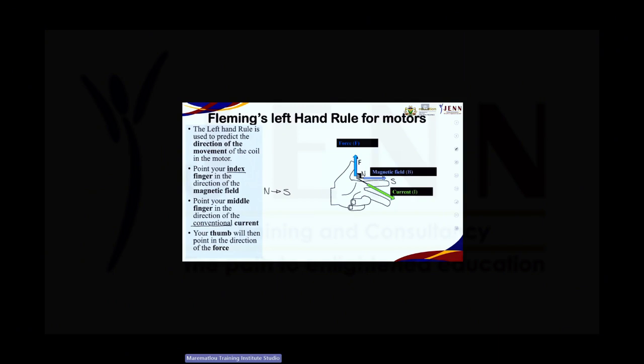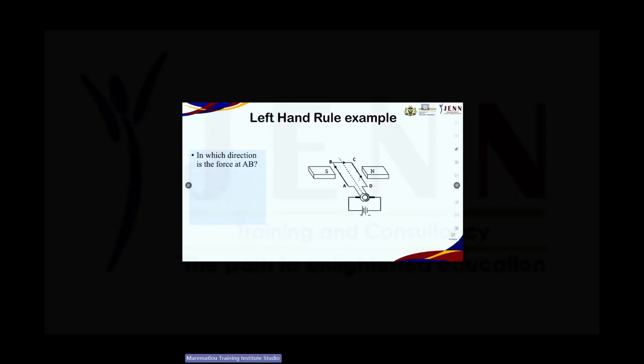Then my thumb shows the direction that the coil is going to flip. Is it going to flip upwards or downwards, or clockwise or anti-clockwise? Later on, I will also show you how to flip your hands with the pictures they give us, in order to get to the correct direction.